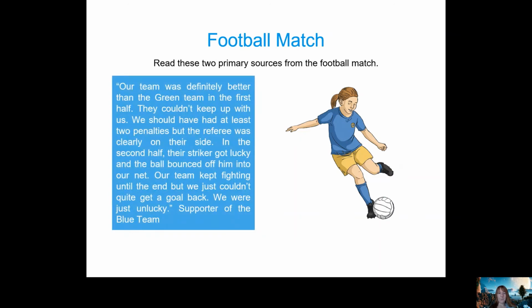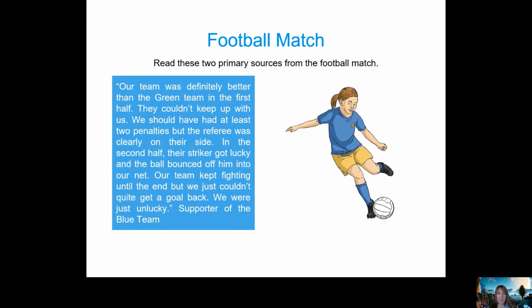So, our team was definitely better than the green team in the first half. They couldn't keep up with us. We should have had at least 2 penalties, but the referee was clearly on their side. In the second half, their striker got lucky and the ball bounced off him into our net.